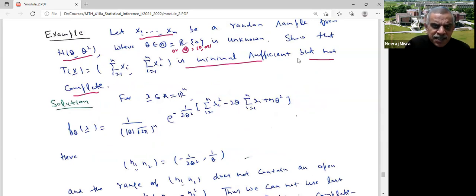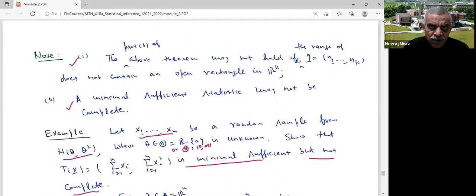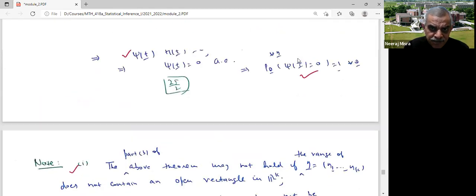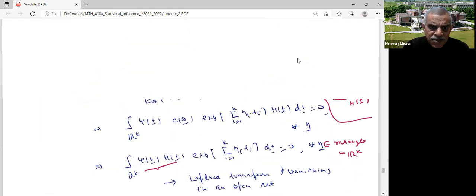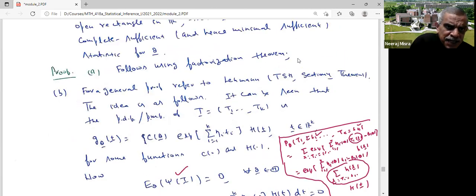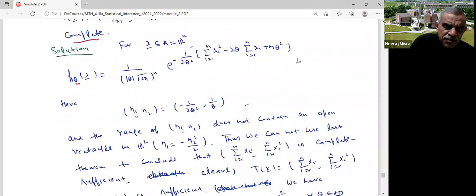This is minimal sufficient. We have done it many times. We'll see it again. But let us try to see why it is not complete by the last theorem, although it belongs to the exponential family. So when I try to factorize my PMF, f_theta(x), which is 1 by mod theta root 2 pi, e to the power minus 1 by 2 theta squared, summation x_i squared minus 2 theta summation x_i plus n theta squared.